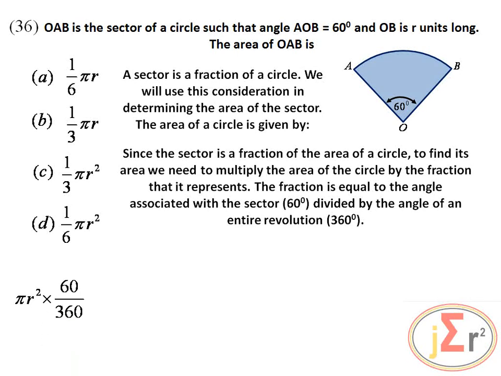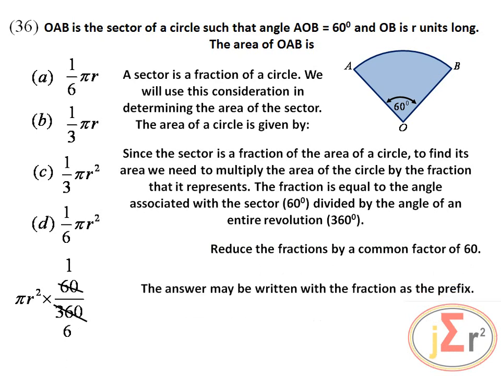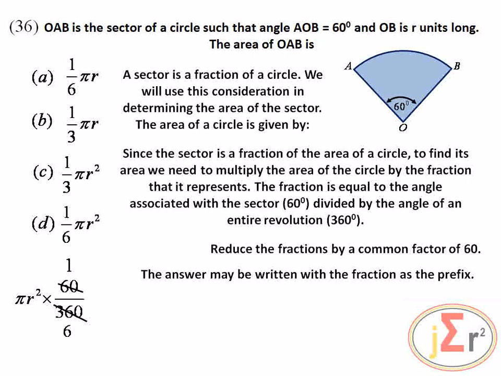There we have it. We may reduce by a common factor of 60. So 60 into 360, that is 6, and 60 into 60, that is 1. The answer may be written with the fraction as the prefix.